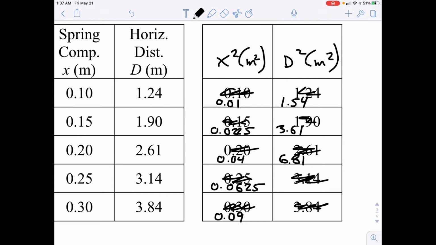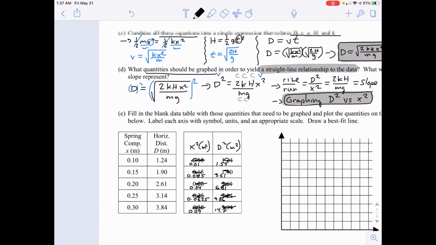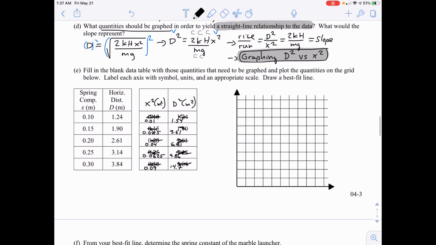Yeah, about right there. If I square 3.14, I get about 9.86. And if I square 3.84, I get about 14.7, roughly.